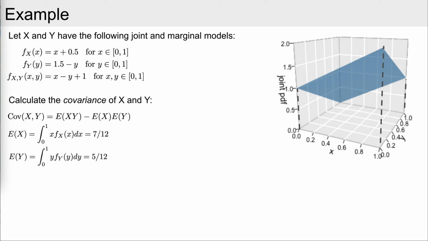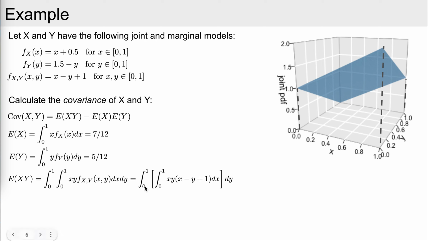Next, consider the expected value of the product xy. Since this quantity depends upon both x and y, we can calculate its weighted average of xy using weights defined by the joint PDF f of xy. We can then plug in the formula of the joint PDF and use handy brackets to help us focus on the inner integral with respect to x.